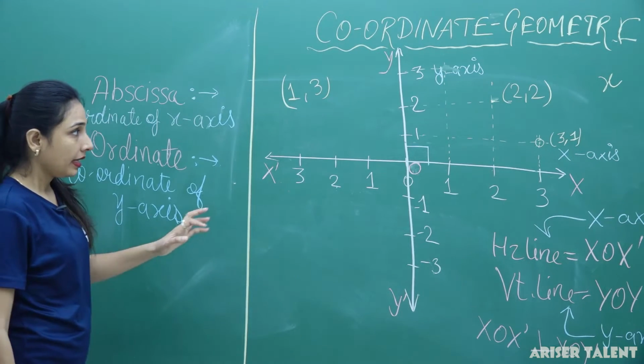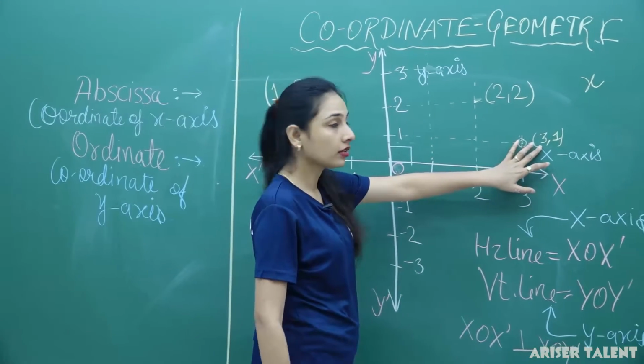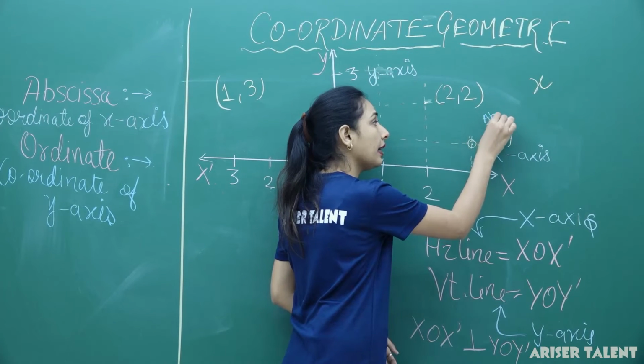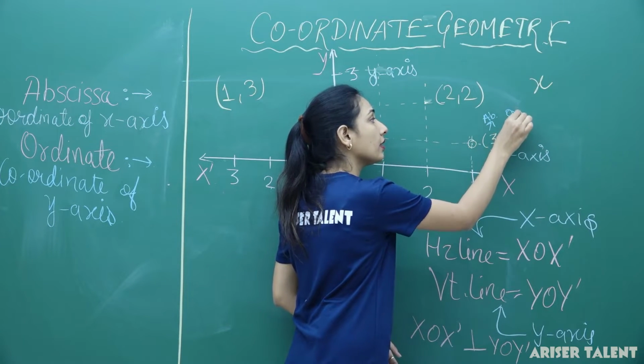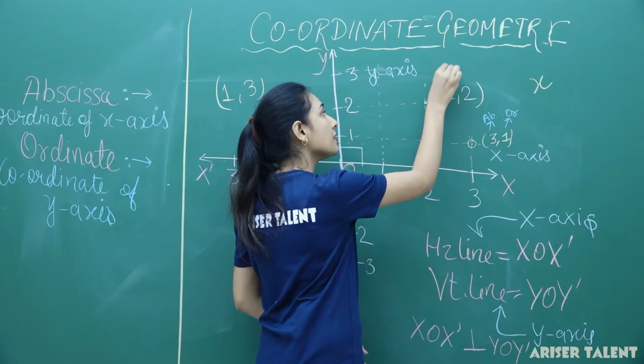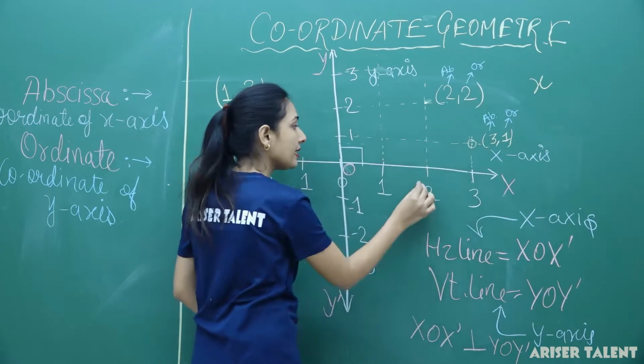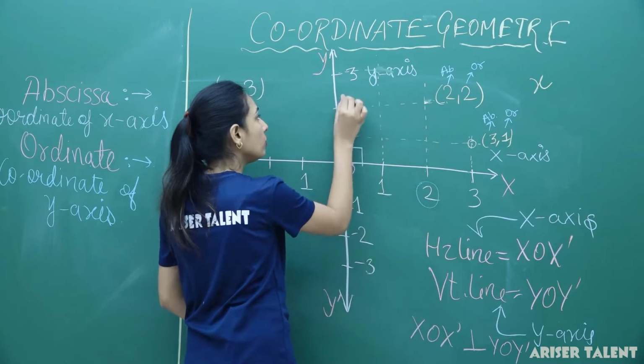That means here, 3 is what? Abscissa. And this is what? Ordinate. Here again this is abscissa and this is ordinate. So basically this abscissa is here and this ordinate 2 is here.